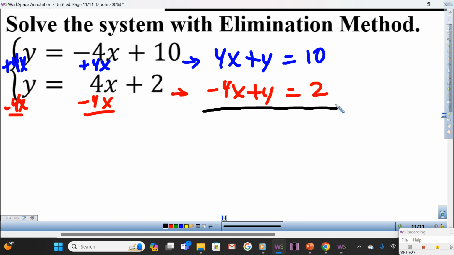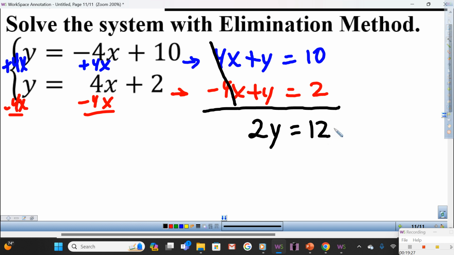Jacob, what do I do next? Cancel out which one? 4x and negative 4x. And then? Add those, so this is 2y equals 12. Hands if you got it right there.